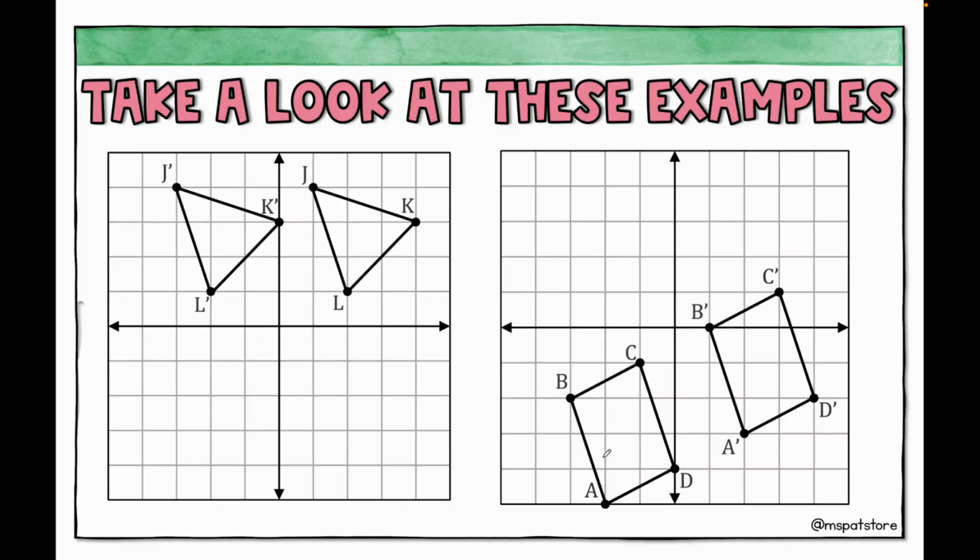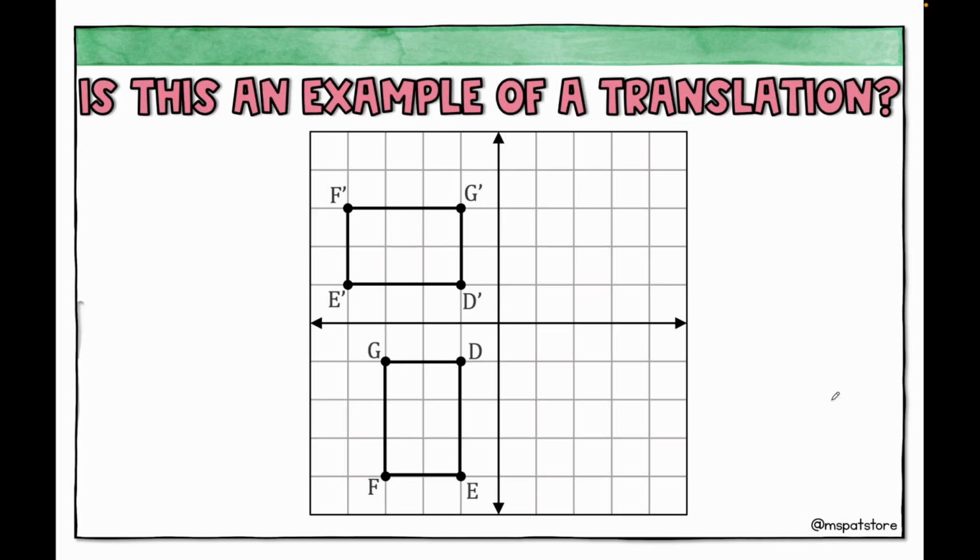Here are other examples of translations. Here we have the figure. Here we have the image, the new one that you just slid, okay? As well as here, A, B, C, D. This is A prime, B prime, C prime, and D prime.